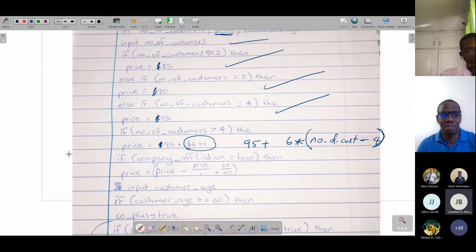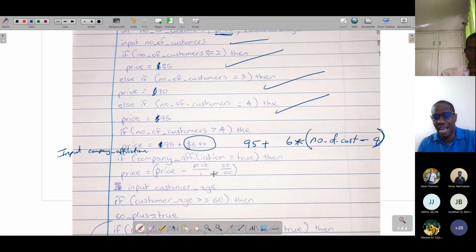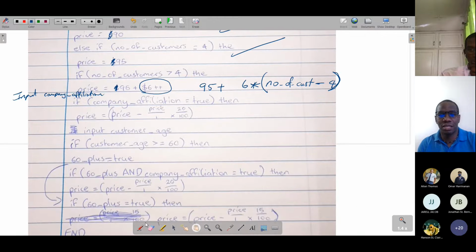Right, so we have to input company, and the variable name's long, affiliation. Okay, so input company affiliation, and then we say if company affiliation is equal to true. And again, we're not writing like we are writing in mathematics. We have to get used to writing like we have to write on a computer.